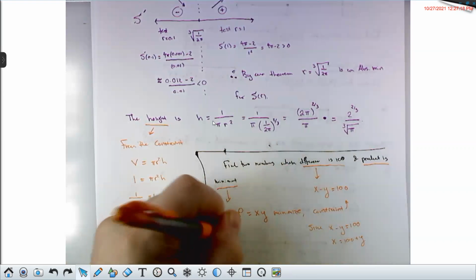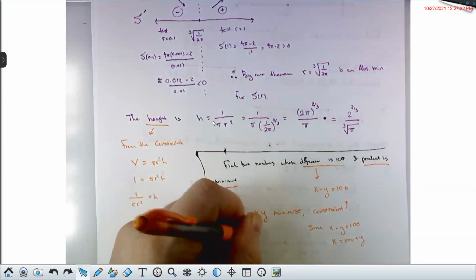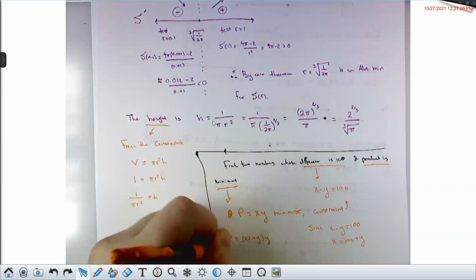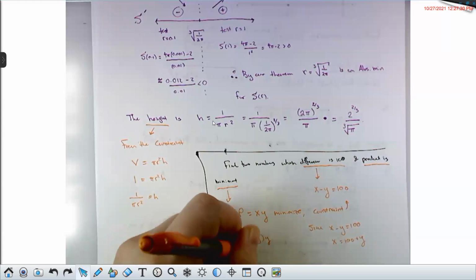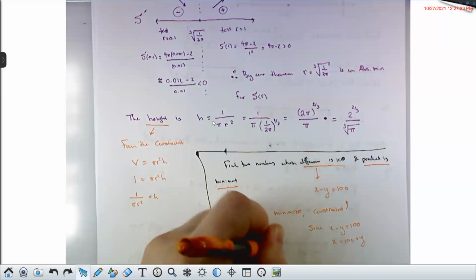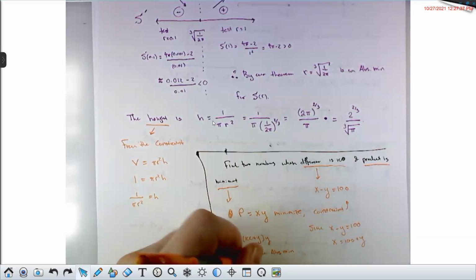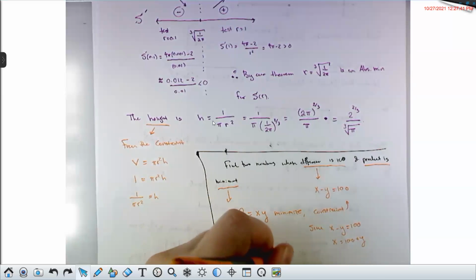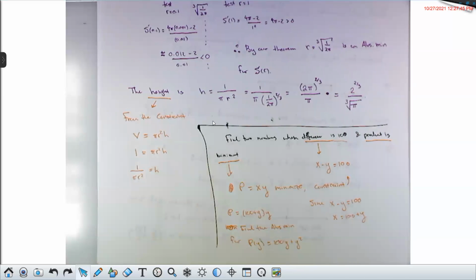So plugging that in, p would be (100 plus y) times y, and then you would find the absolute min for this function, p of y equals 100y plus y squared. That would be the game. Okay, get it.